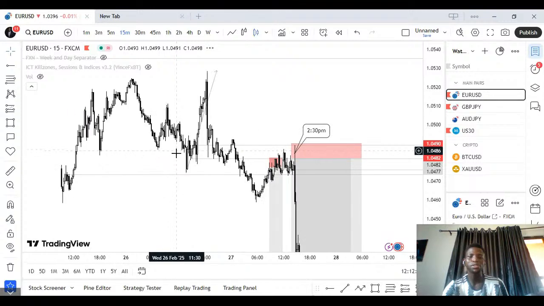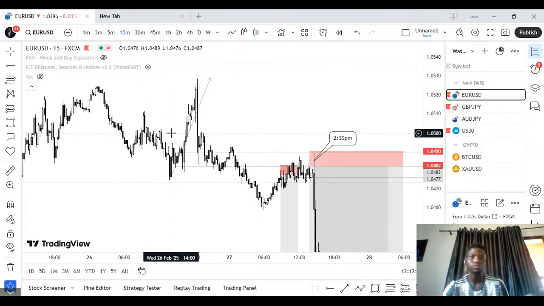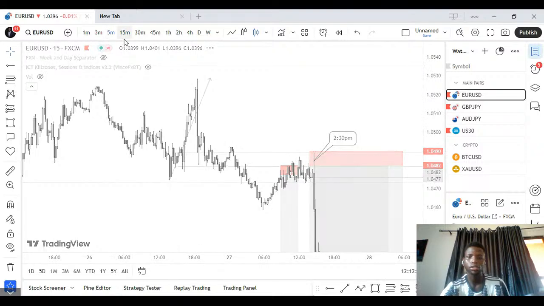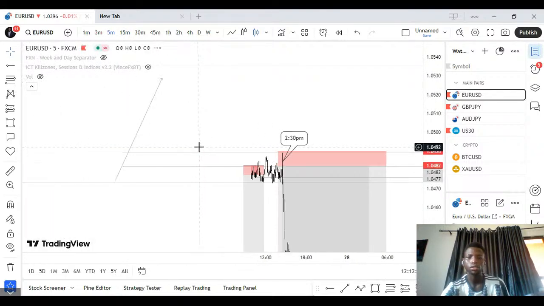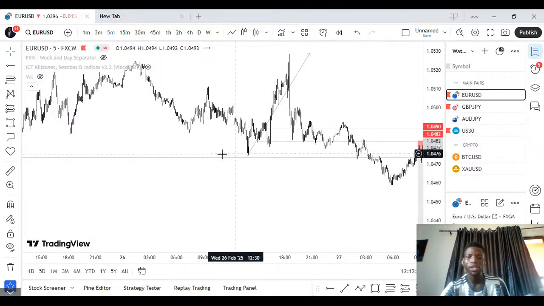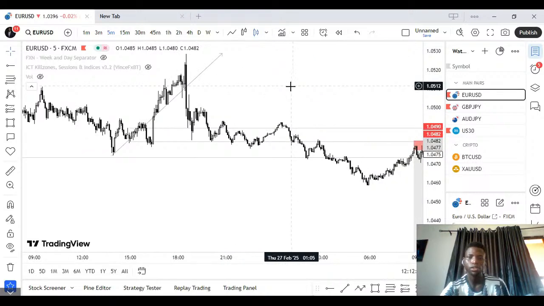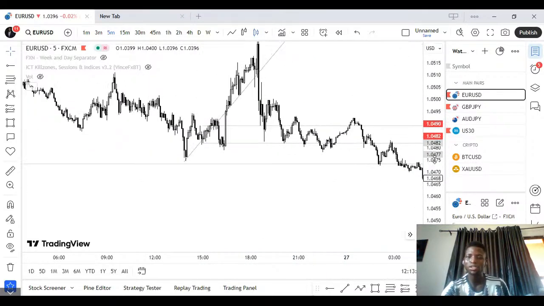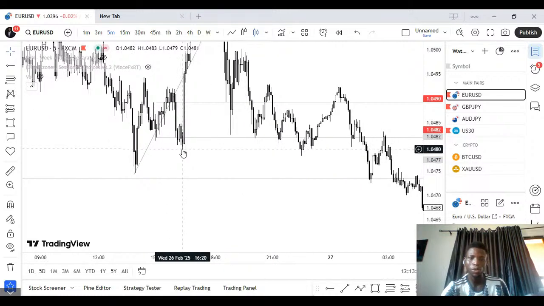The question will now be if you know how to catch it. So take for example what just happened here. Price got close to my line here and started the move. If you know how to catch continuations, you can catch this one. Yes, we missed this one, but you could have caught this one.